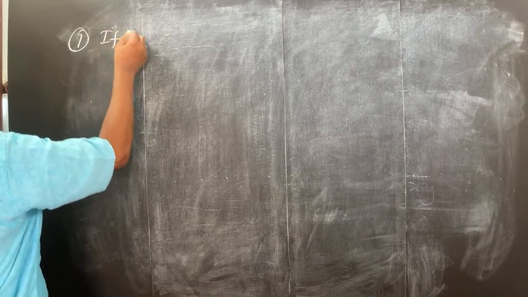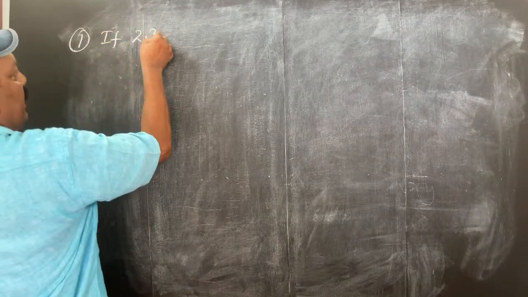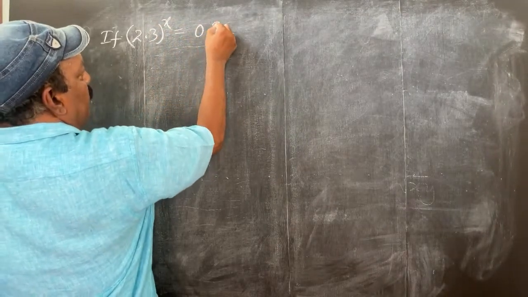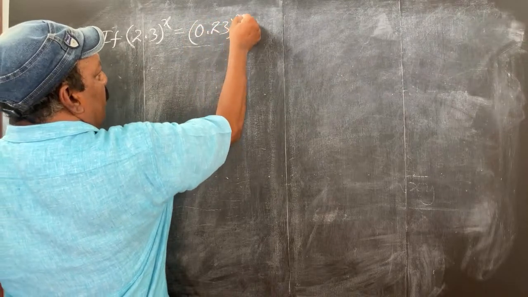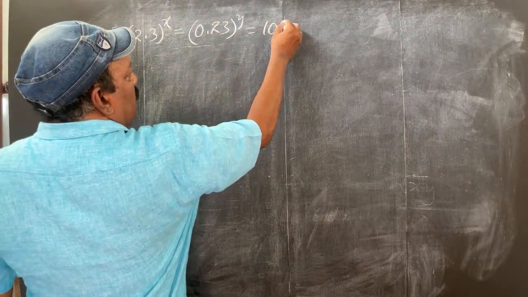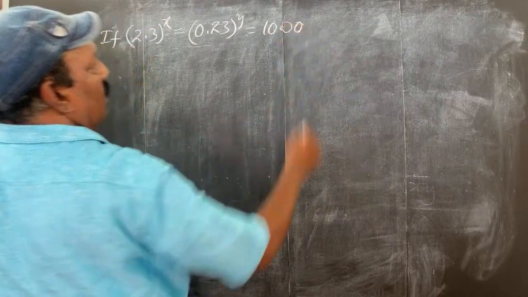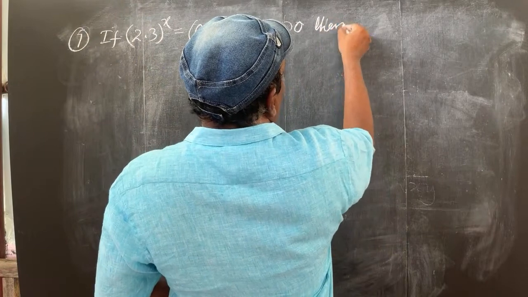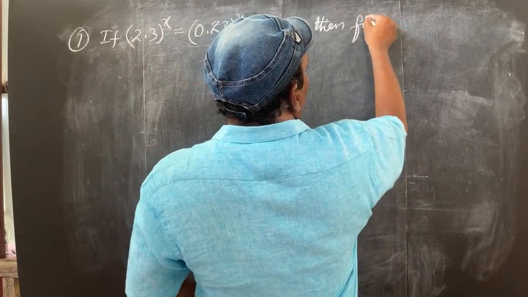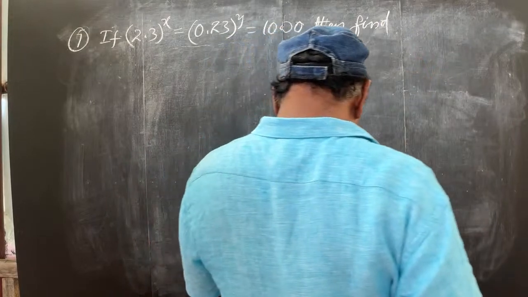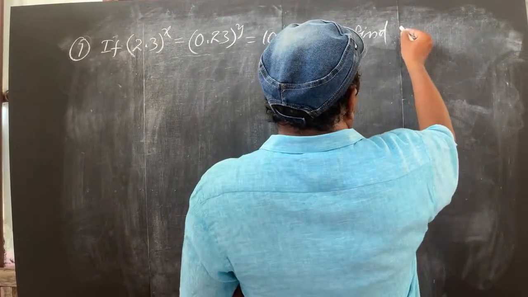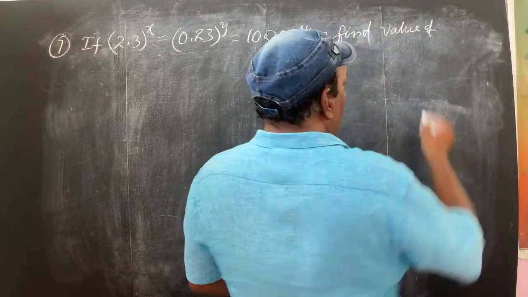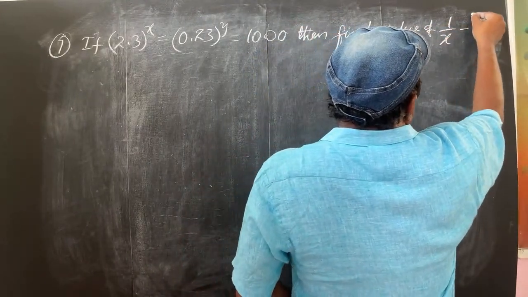Very important problem: if 2.3 to the power of x is equal to 0.23 to the power of y is equal to 1000, then find the value of 1 by x minus 1 by y.